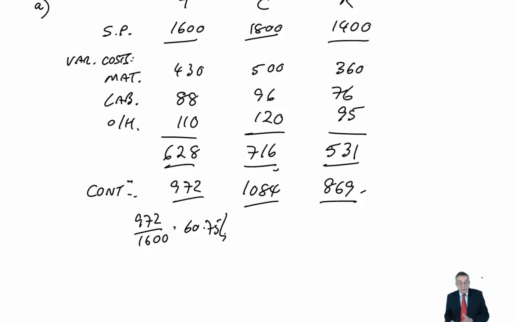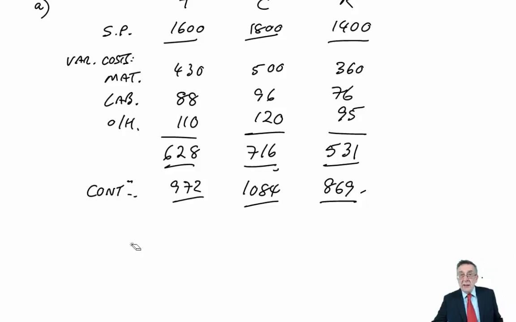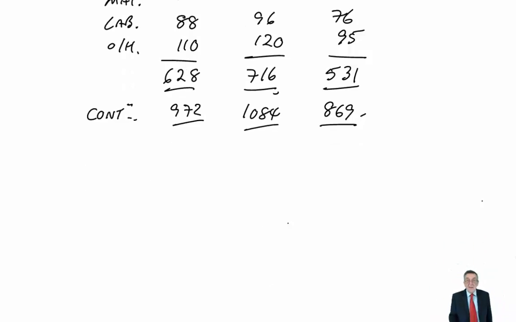Well, you could do that for each of the three, and then take a weighted average, but you'd have to weight them by the total sales revenue. The total sales revenue for T, 420 units at $1,600 each. The alternative, and I personally think the quickest, and certainly here the fastest, would be instead of doing it for each individually and then taking an average, to just work it out directly from the totals.